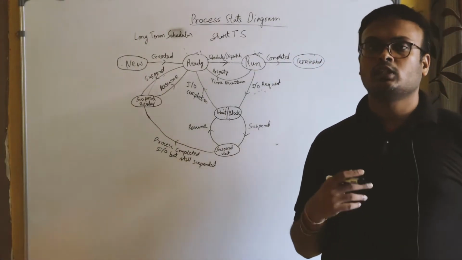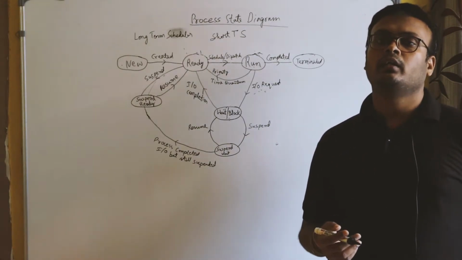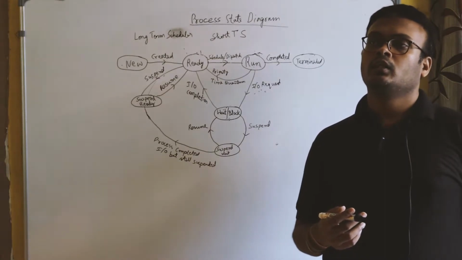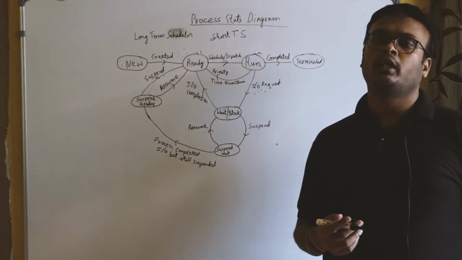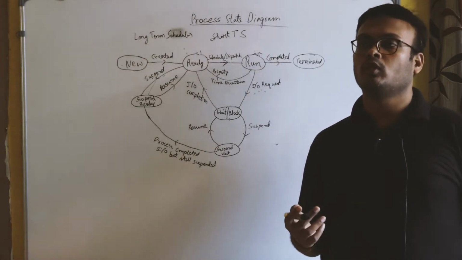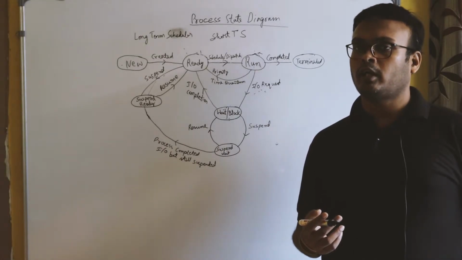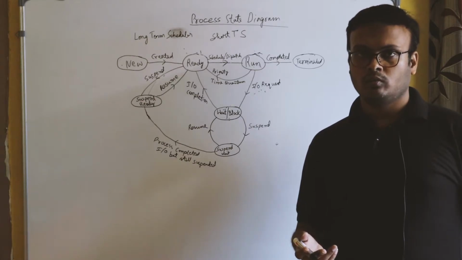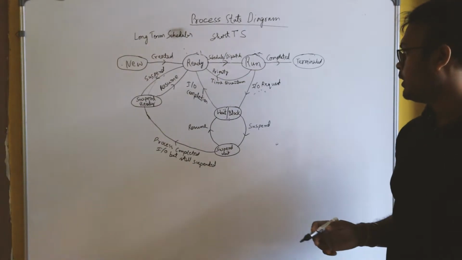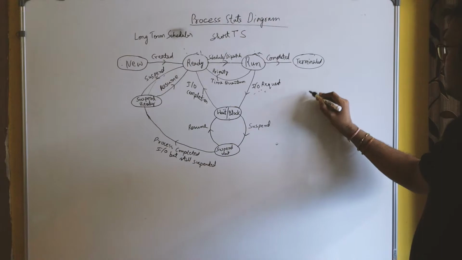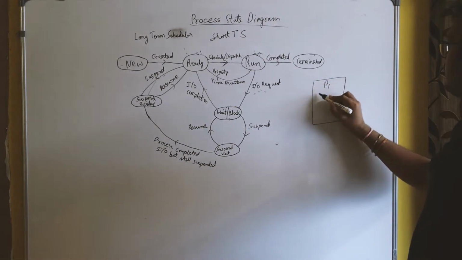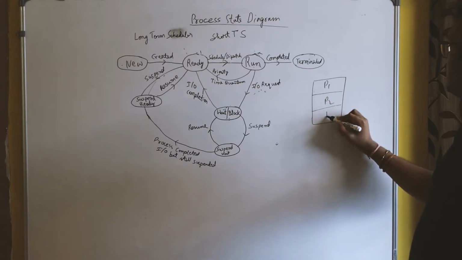Wait block state means, if a process is running and suddenly it needs I/O, an input output device, for example a value to be entered from the keyboard, then it will have to wait for that value to be entered by the user. For example, here in the RAM, suppose P1, P2 and P3.